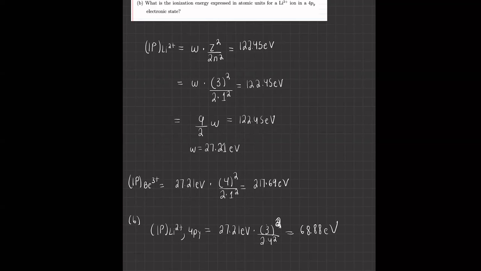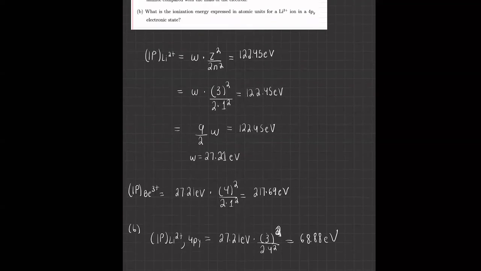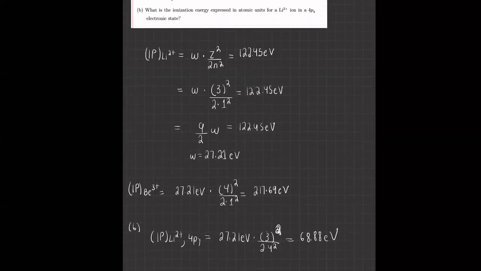Does anyone have any questions? So ionization energy isn't really dependent on the sublevel, right? It's mostly dependent on the principal energy level. I wouldn't say that, because the higher the level is, the less the ionization energy.